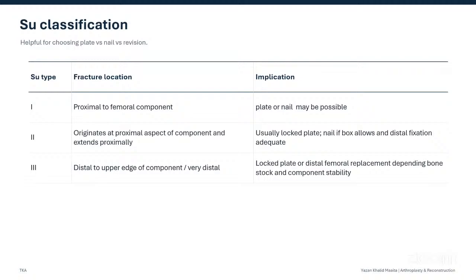Type 2 originates at the proximal aspect of the component and extends proximally, usually a locking plate, or a nail if the box allows and the distal fixation is adequate. Type 3 is distal to the upper edge of the component and goes very distally, a locking plate or distal femur replacement depending on the bone stock and the component stability.